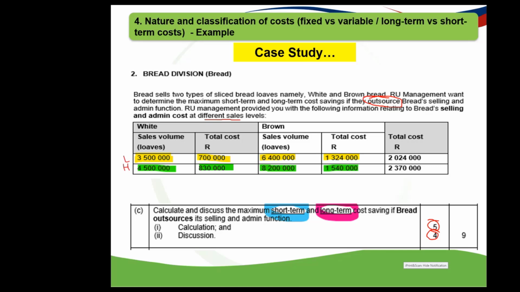So that is the principle here, that in the short term, variable cost will be lessened, and then in the long term, fixed cost might also be reduced if you outsource. Yes, that's the idea. Okay. Thank you very much, ma'am. Pleasure.